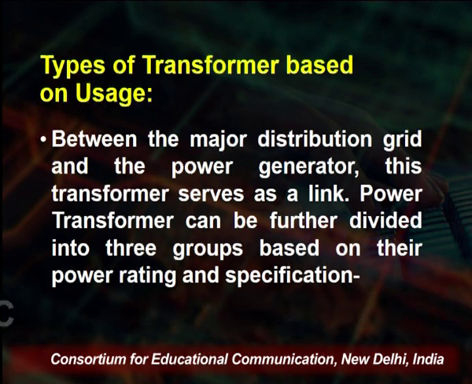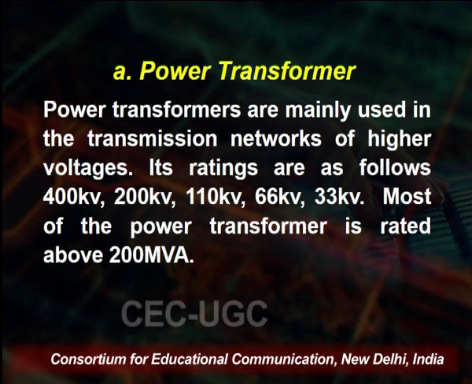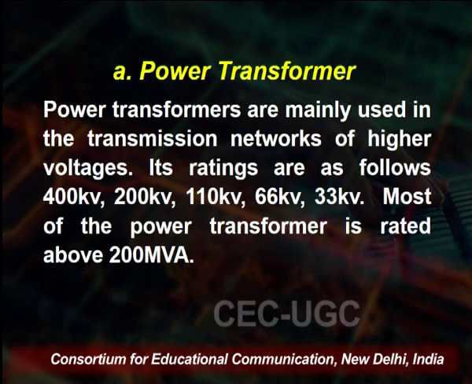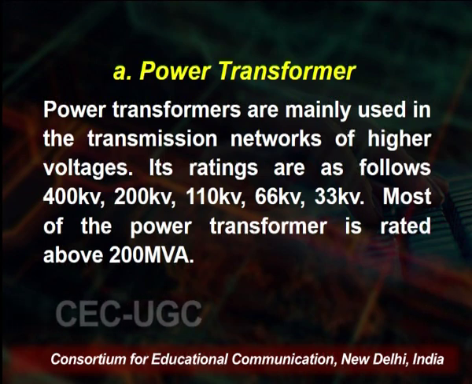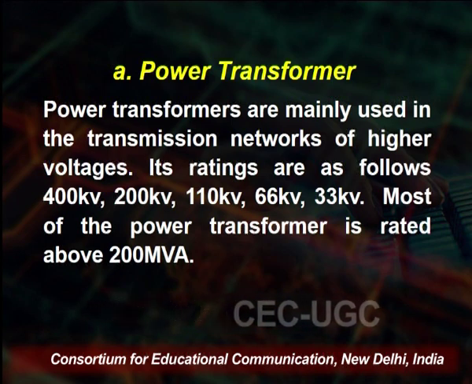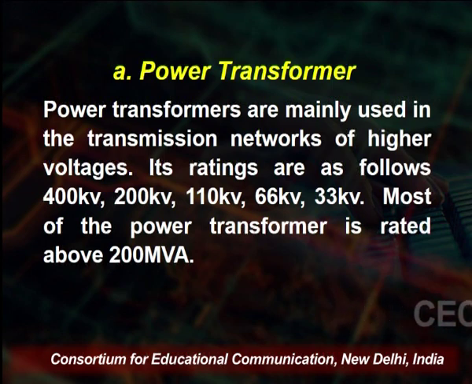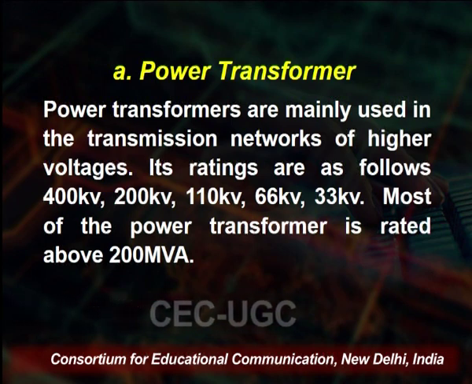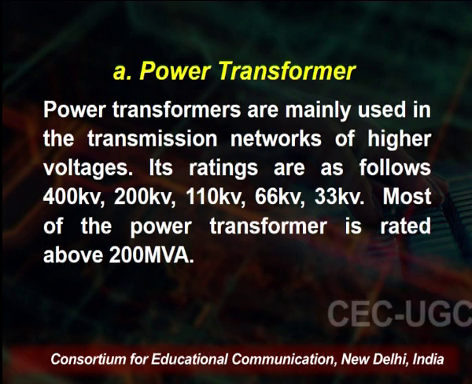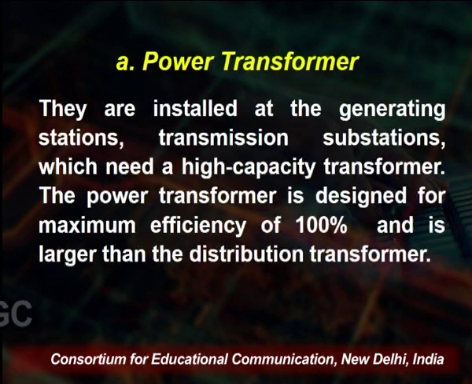Power transformers can be further divided into three groups based upon their power rating and specification: low, medium and high. Power transformers are mainly used in the transmission network of higher voltage. Its ratings are 400 kilovolt, 200 kilovolt, 110 kilovolt, 66 kilovolt, 33 kilovolt. Most power transformers are rated above 200 megavolt ampere.